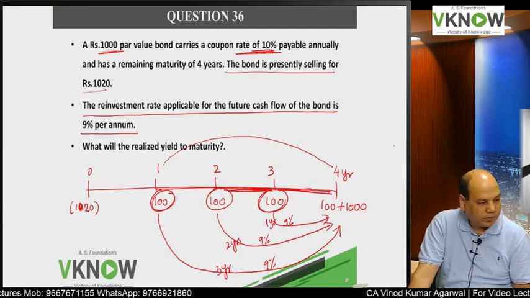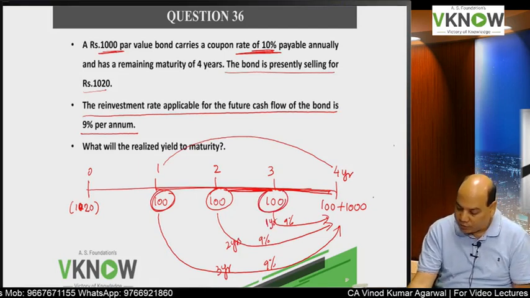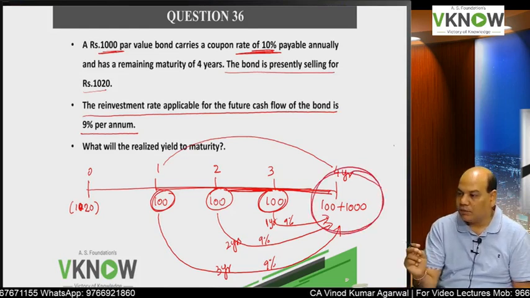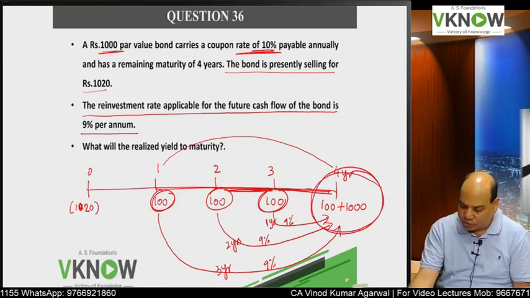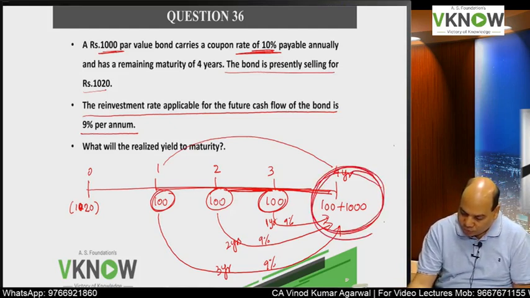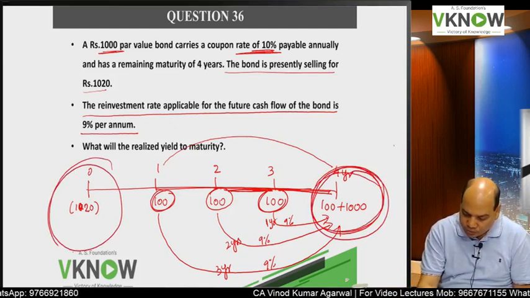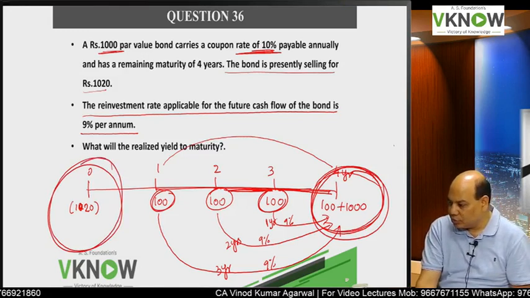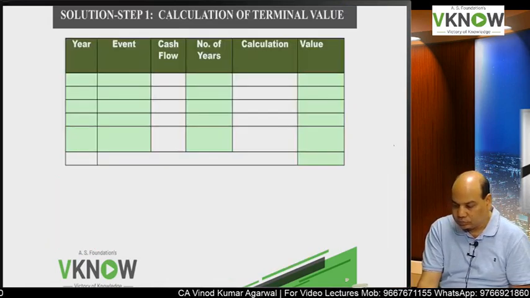Is it right? And that way, you will first find the terminal value at the end of year 4 and find out the discount rate at which present value of this terminal value will be equal to 1020. Right? Is it understandable? So let us find out first the terminal value.